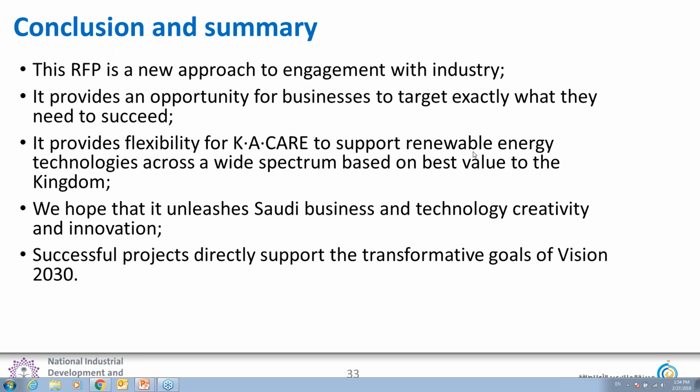A question was asked, what about any new patent rights? That's an excellent question. And the answer is that K-Care is making no claims on your IP. If you invent something, it's yours. The only claim that K-Care is making on the IP is in the event that there's a failure to commercialize the technology, in which case we would have the right, not necessarily that we would do it, but we would have the right to take a non-exclusive license in order to drive commercialization of it.